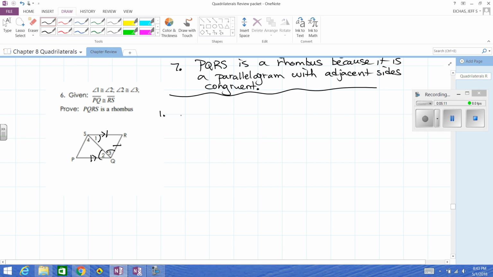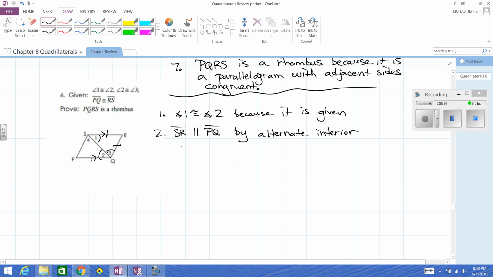So I'm going to establish angle 1 congruent to angle 2 because it's given, and I'm going to use it to get SR parallel to PQ by alternate interior angles. This time I am going to shortcut it with a theorem, alternate interior angles theorem, which I wrote out up above. Okay.